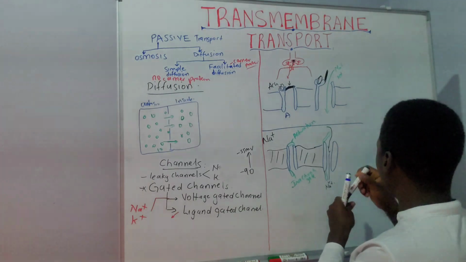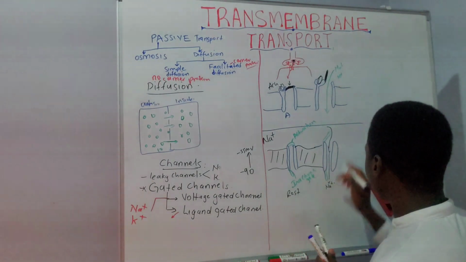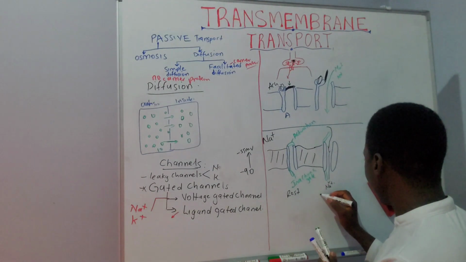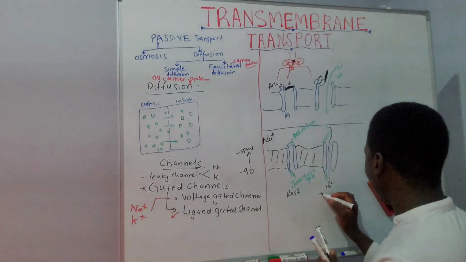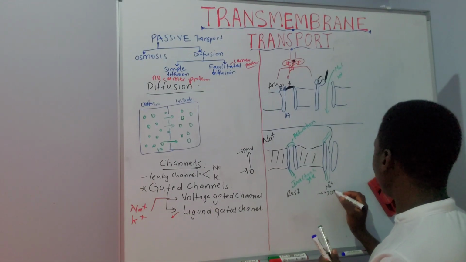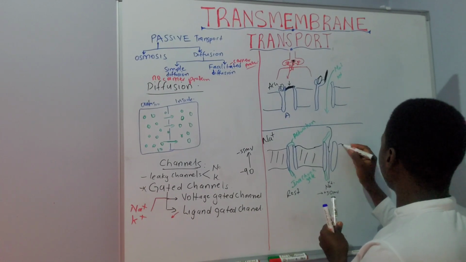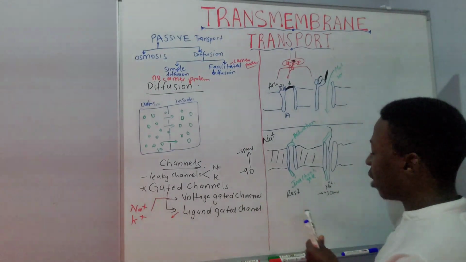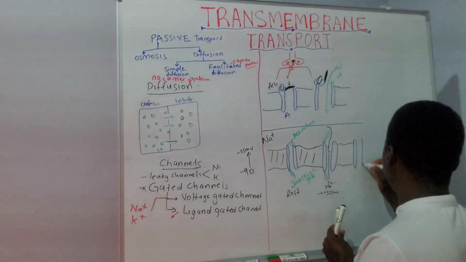This is stage A, at rest, and here is when the membrane is depolarizing. So the potential is becoming less negative to positive, at around maybe 30 millivolts. So the next stage: when the action potential has reached the peak, what is going to happen?